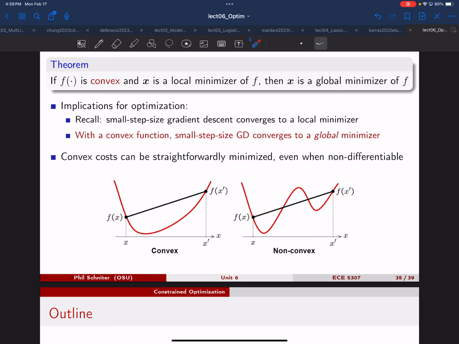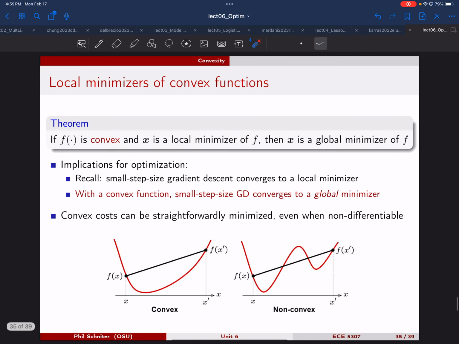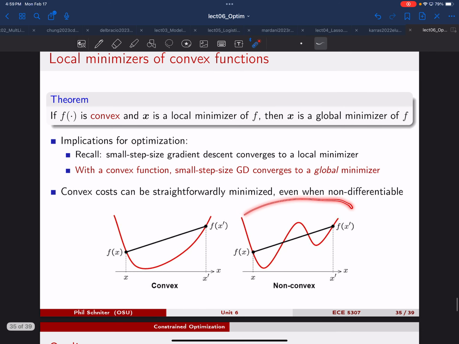So this would violate that definition of convexity. And as you can also see here, there are multiple local minima, whereas here you don't have that.